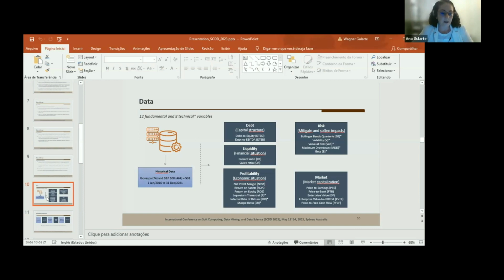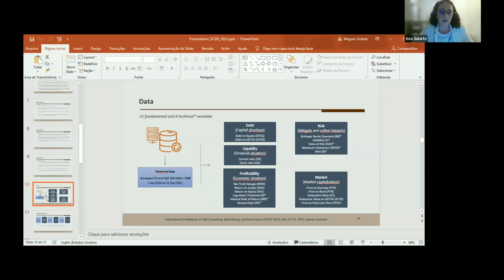Debt variables show the relationship between the position of equity capital concerning a third-party capital loan. Liquidity variables include the relationship between balance sheet accounts.